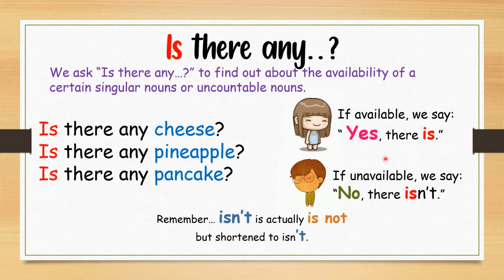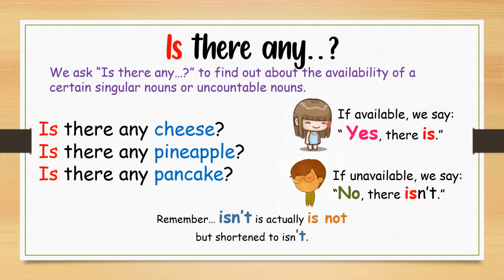Is there any pineapple? Yes, there is. Is there any pancake? Yes, there is. When the thing is available, we answer yes, and it ends with the word is, because the question starts with the word is.